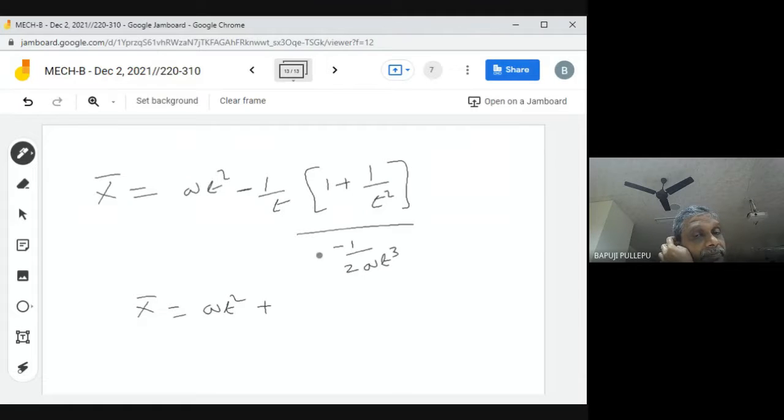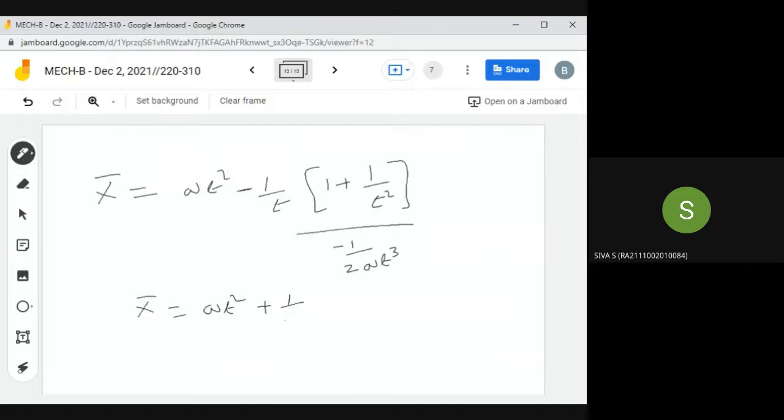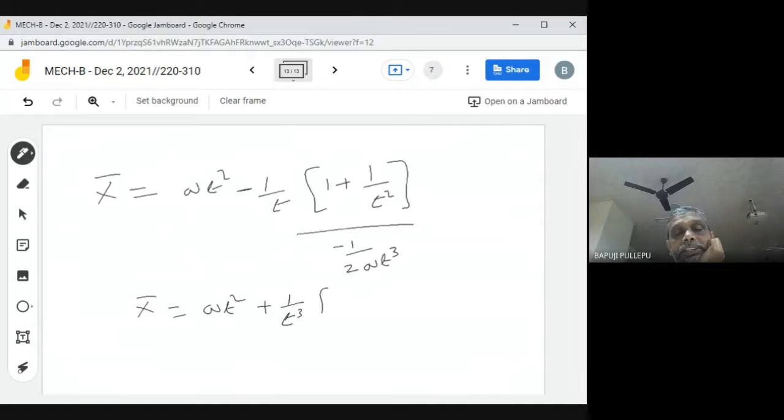Yes sir. 1 by t cube into inside, what will be there? T square plus 1. Then the whole divided by 1 by 2a t cube. This t cube and this t cube will cancel. Correct? Then 2a will come up.